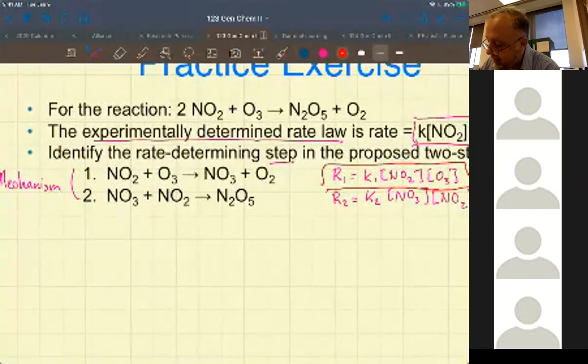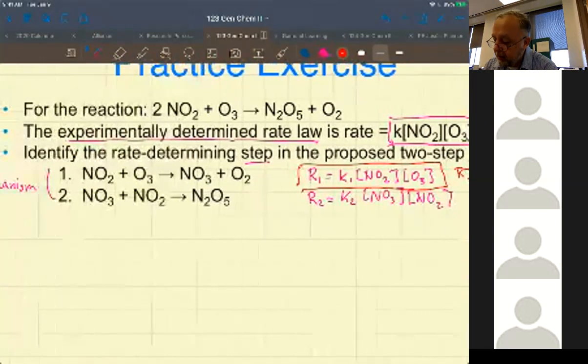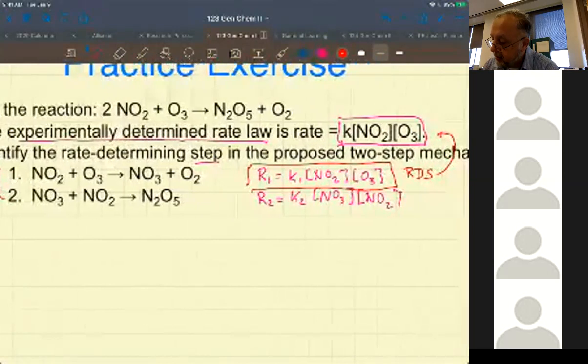So there are two steps, and the first step is the one that is going to be the slowest of those two steps. Once it happens, then the NO3 reacts quickly with another molecule of NO2 to form N2O5. So I have determined which is the rate determining step. The rate determining step is step 1.